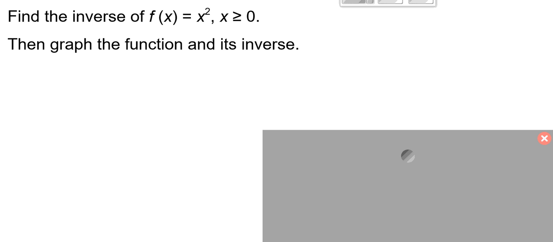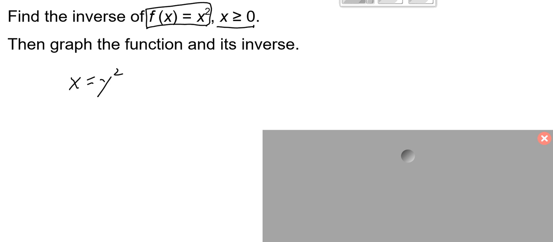So more about their graph. If we find the inverse of f of x equals x squared, x has to be greater than 0. And we do that because of the graph of the function and its inverse. So here we have x equals y squared.